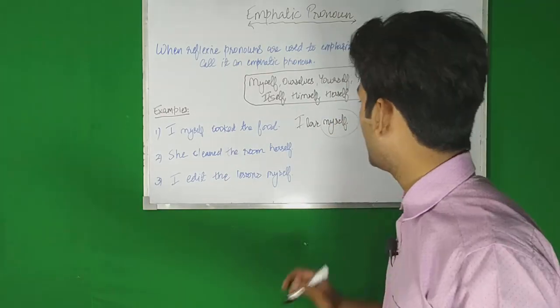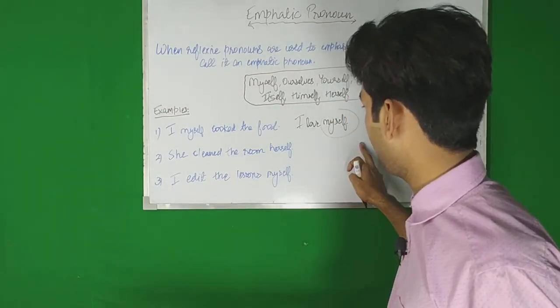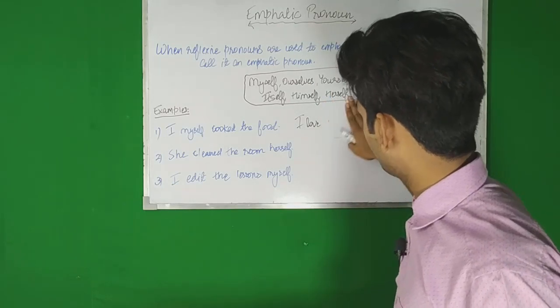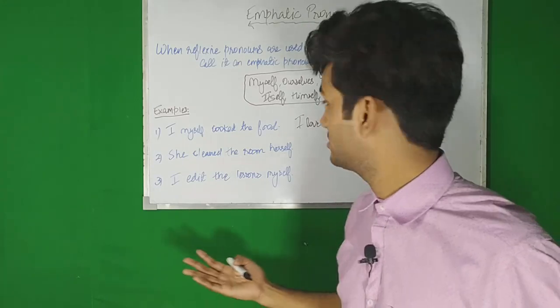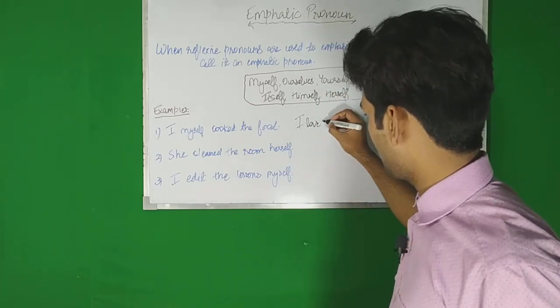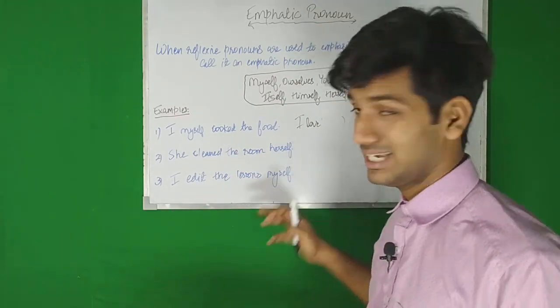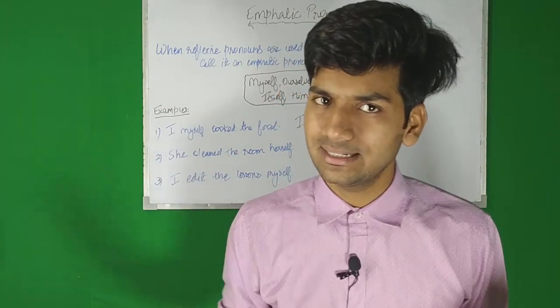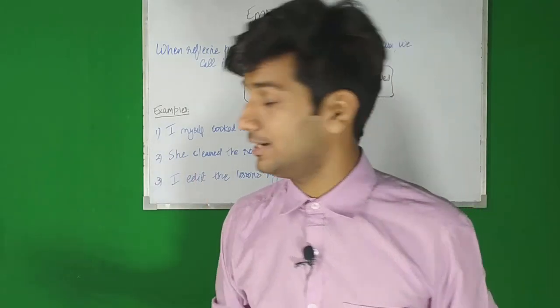I cannot afford to do it because it's not an emphatic pronoun here. It's a reflexive pronoun, okay? If I just take it out of the sentence, does it make any sense? No, it does not, right? It needs something, right? It needs an object, but that's not the case with emphatic pronouns. Even if you take them out of the sentences, the sentences would still be fine, okay?